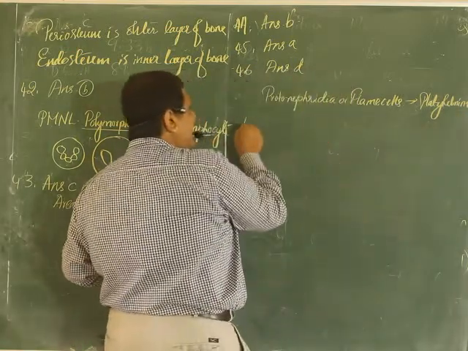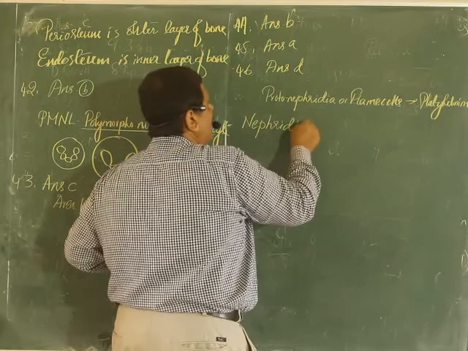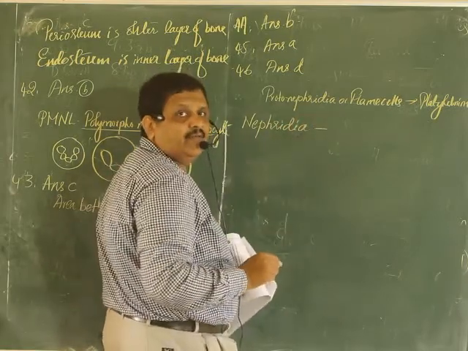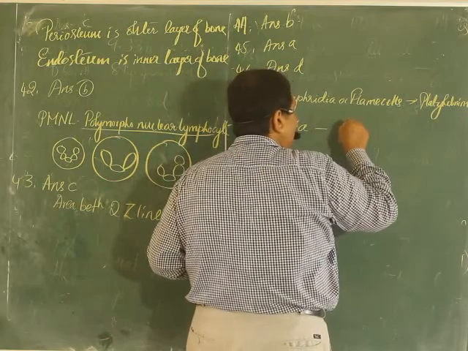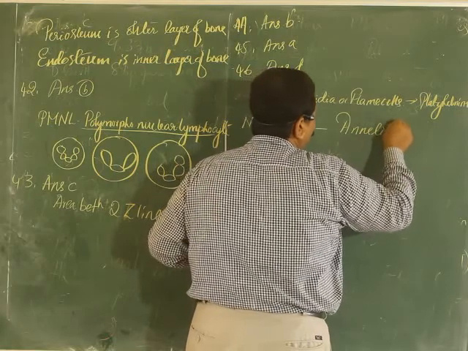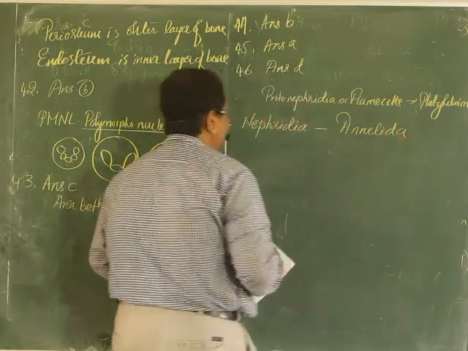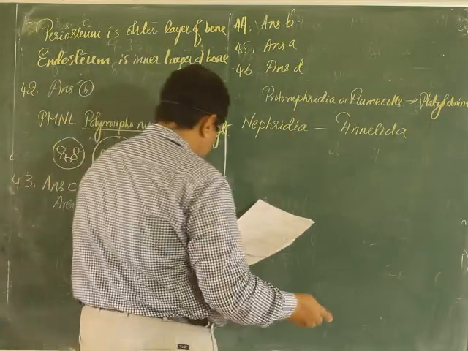And nephridia are found in earthworm, Annelida. So they are the excretory organs.